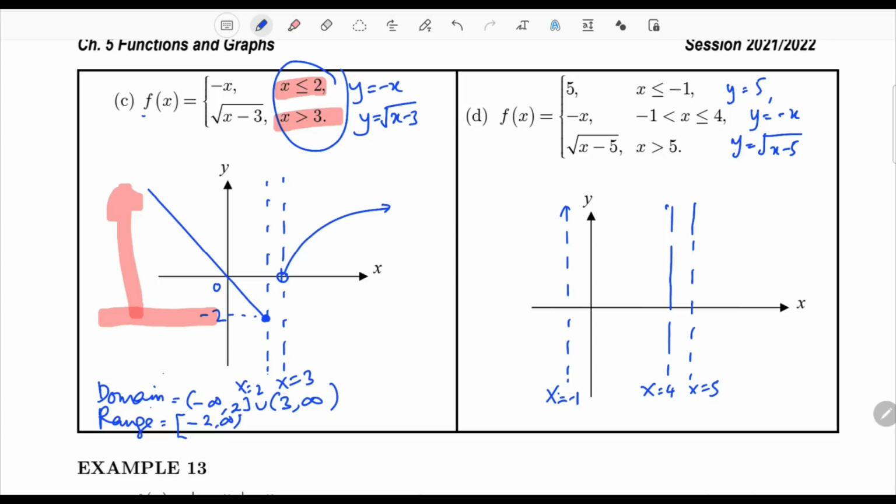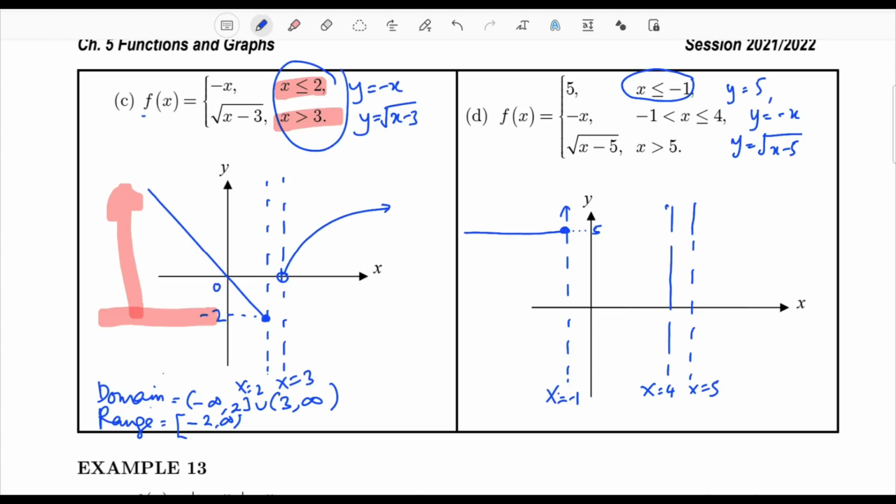So when x is less than or equal to negative 1, f(x) is 5. So here you have equal sign, so that's your 5. And then y equals negative x. So when x is negative 1, it becomes 1.